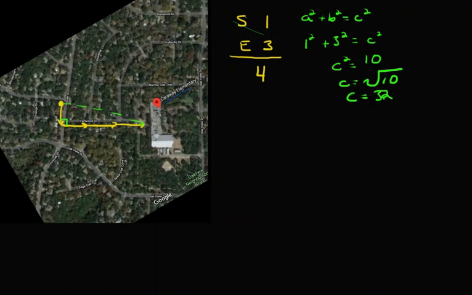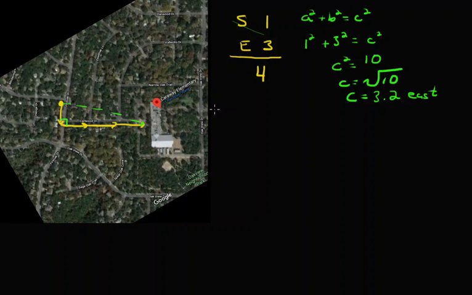Oops. I am having a hard time with my pen today. 3.2 blocks from where she started. That is her displacement. 3.2 blocks east, we'll say. Okay.